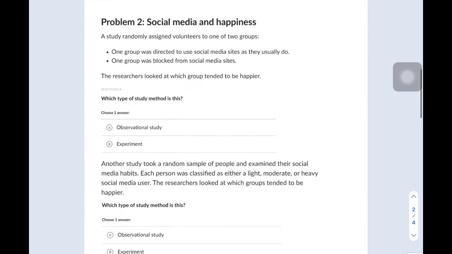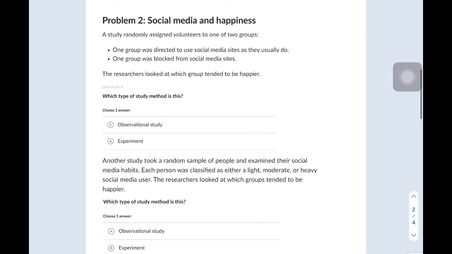Okay, problem number 2, next page. Social media and happiness. A student randomly assigned volunteers to one of 2 groups. One group was directed to use social media as they usually do. One group was blocked from social media sites. The researchers looked at which group tended to be happier.